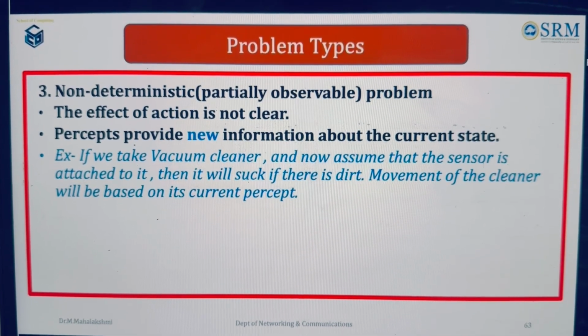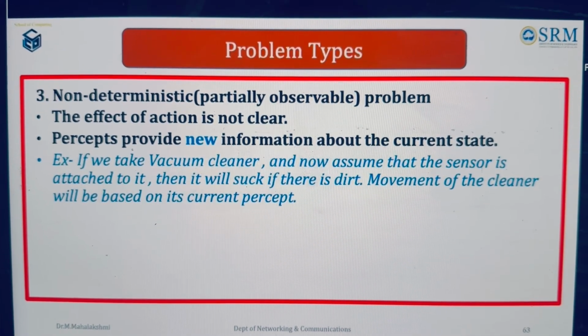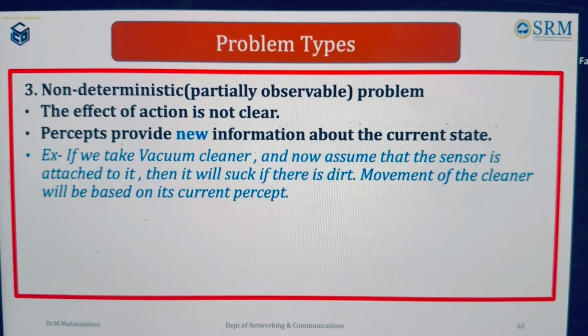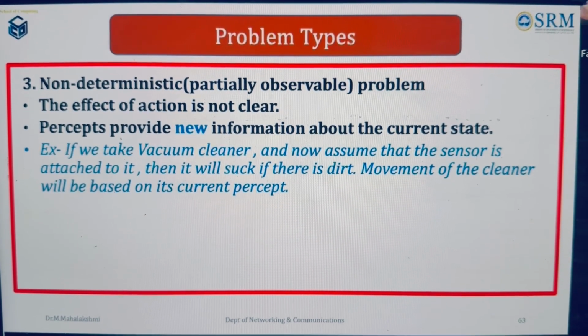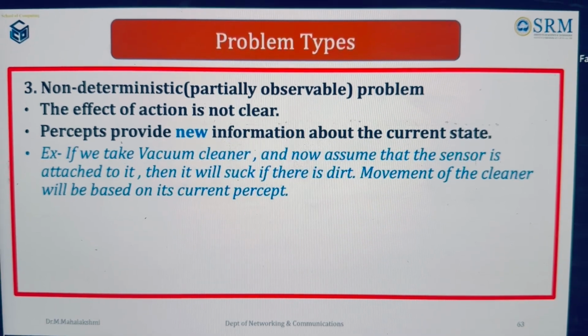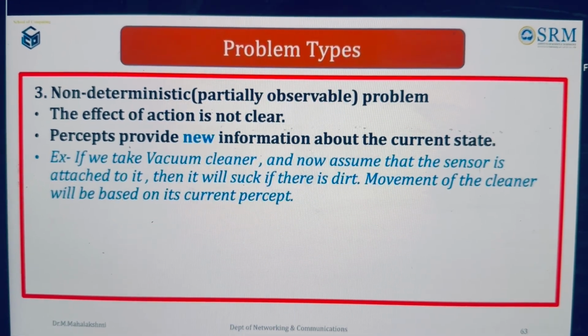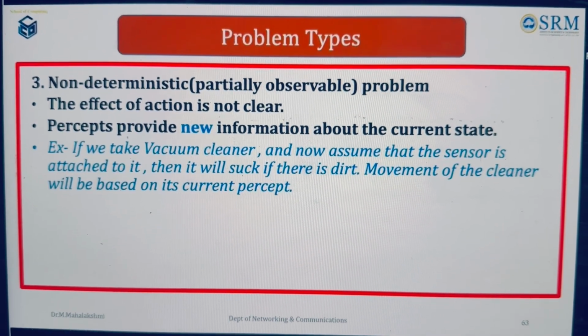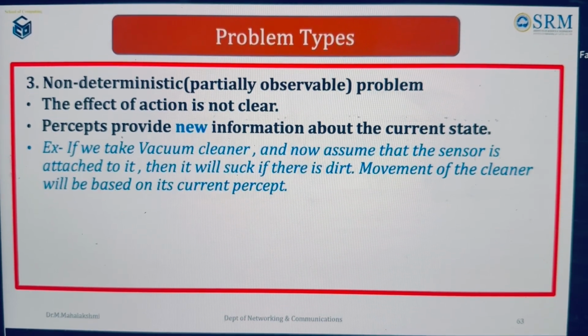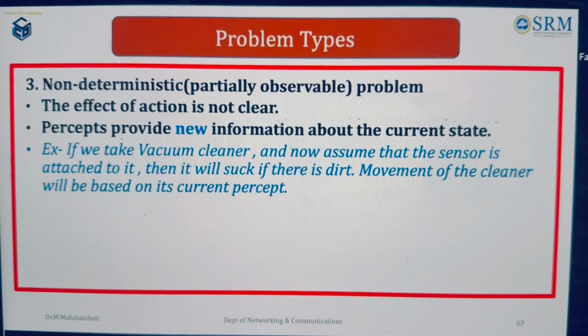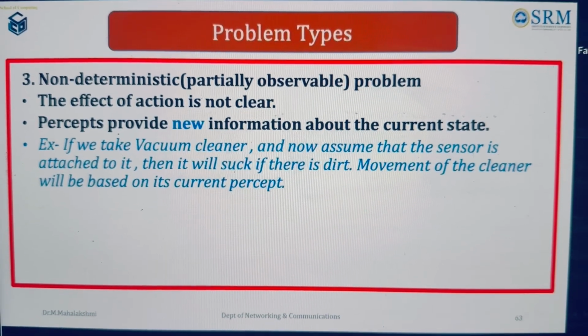Okay, I want to go for eating a biryani. I want to go to some Thalapakatti which is there in OMR, somewhere from SRM University. What is my state space?